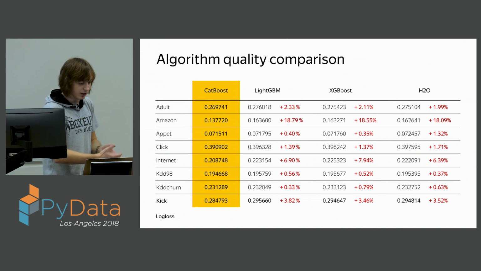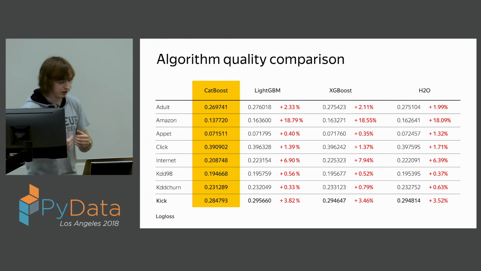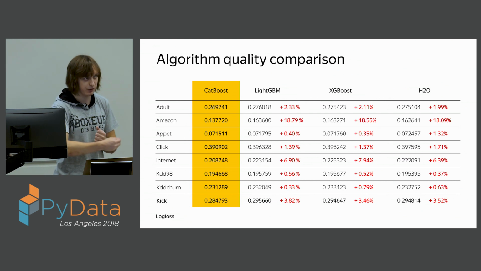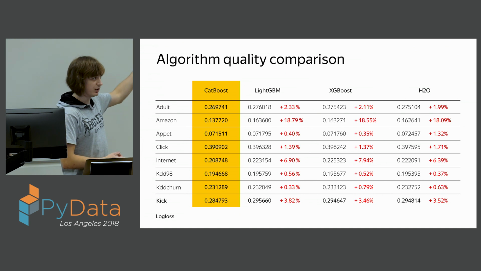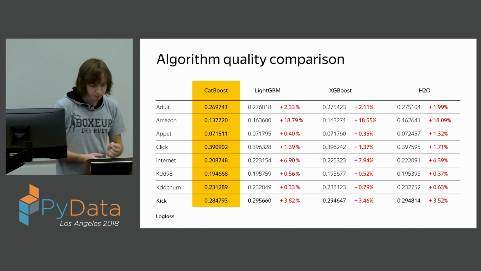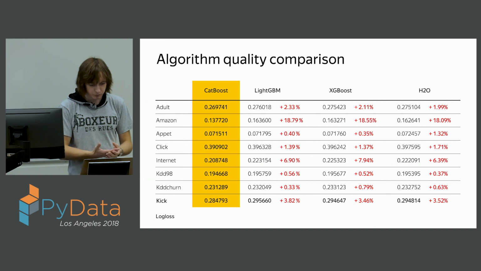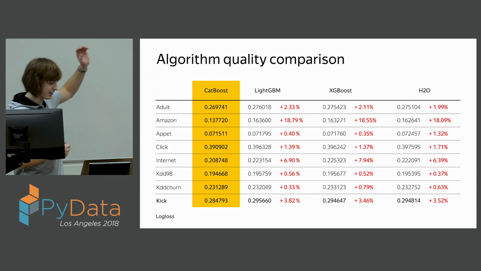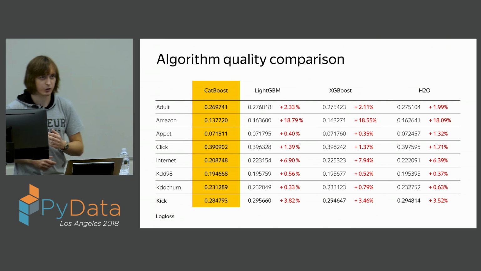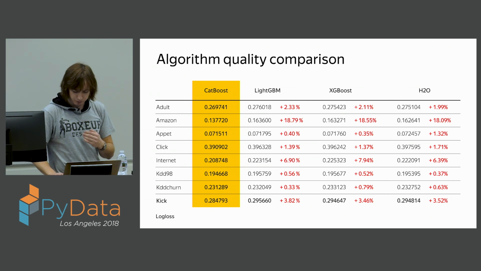Sometimes it's just slightly better, but nevertheless, CatBoost will give you very good results. Here we've compared logarithmic loss. This is the objective that each library optimizes. So if you have a set with categorical features, then it's definitely a good idea to try CatBoost.